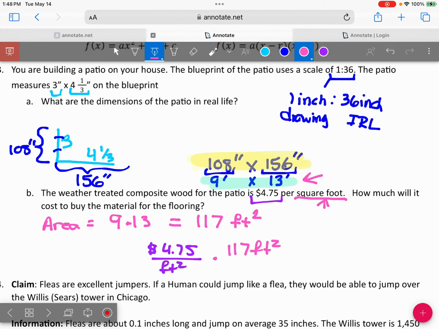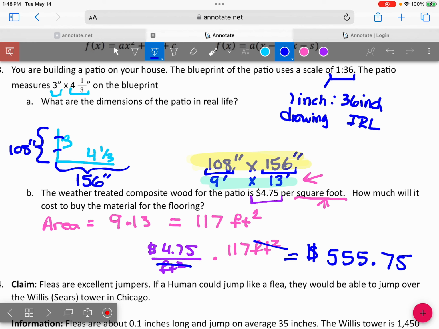You can do it this way and set it up like we did unit conversions in the last semester, where my feet squared cancel out and we're left with our 4.75 times our 117, and the only unit left is dollars, $555.75.